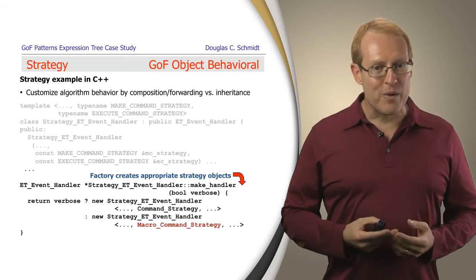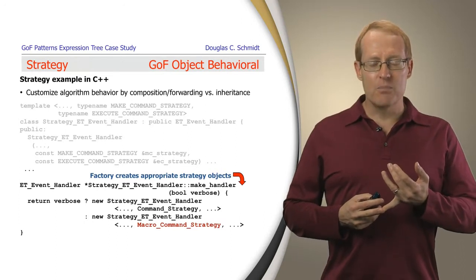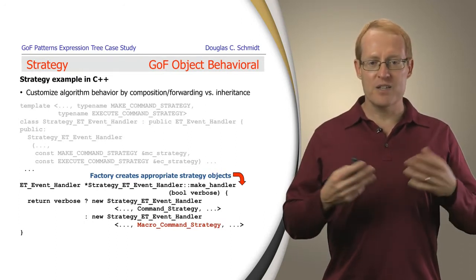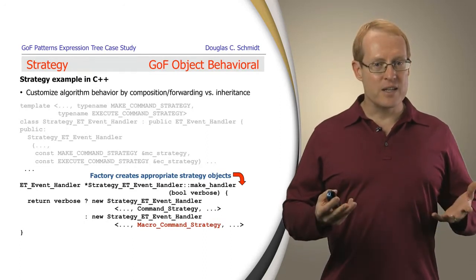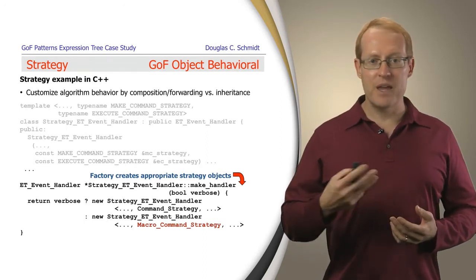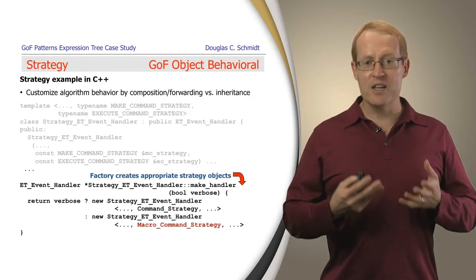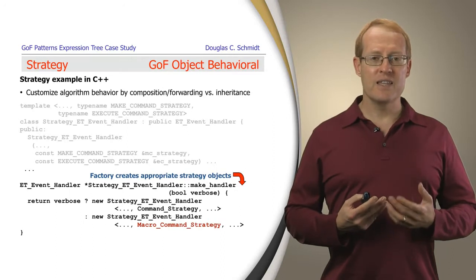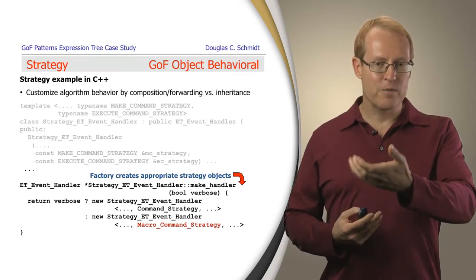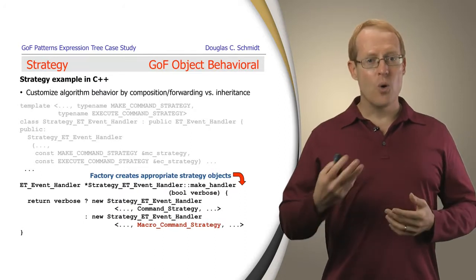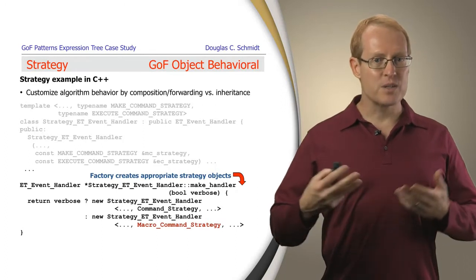Here's an example of how we might have the factory function called makeHandler that will define, in this case, for this particular subclass, the strategy ET event handler. And it takes the verbose flag, and then based on whether it's verbose or not, it goes ahead and creates a strategy ET event handler instance that is either configured with the command strategy template if we're doing verbose mode, or the macro command strategy we just looked at if we're doing succinct mode.